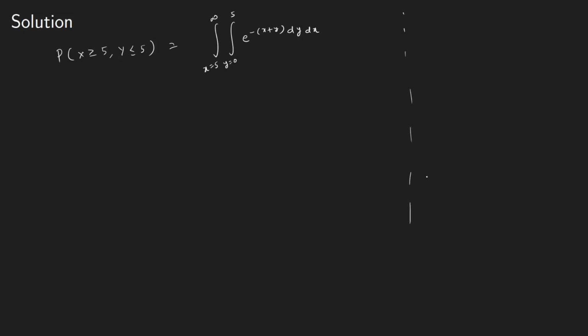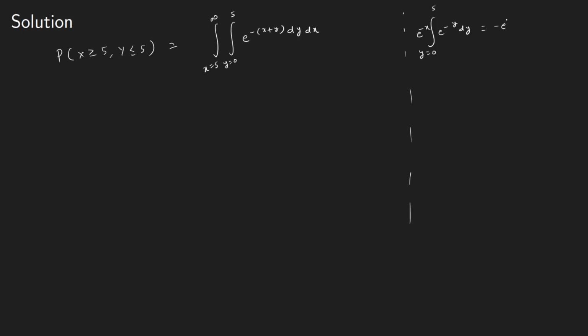So this is the integration that we will have to find out. First of all I will do the inner integration, y from 0 to 5. We can break it up. We can take e raised to the power minus x constant outside. We will be left with e raised to the power minus y dy. When you integrate e raised to the power minus y, it will become minus e raised to the power minus y. So minus 1 we can take out as constant.